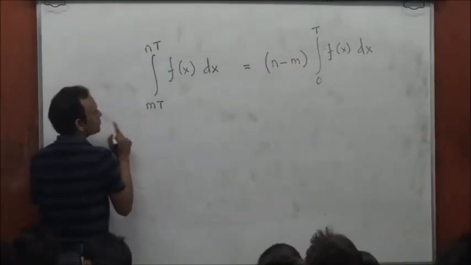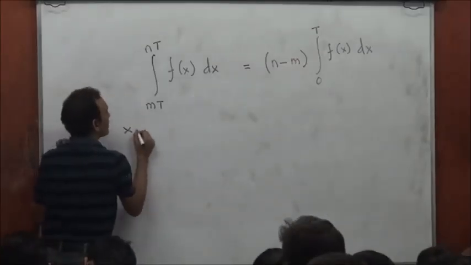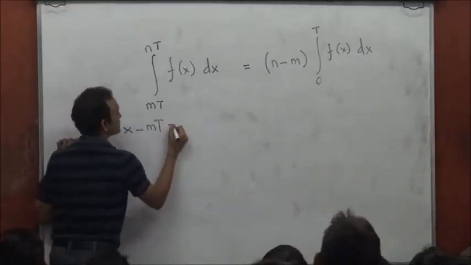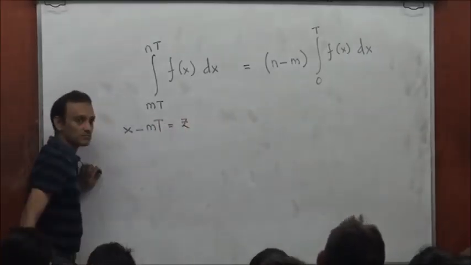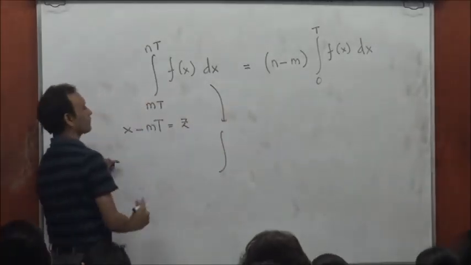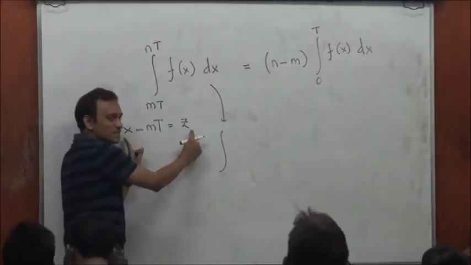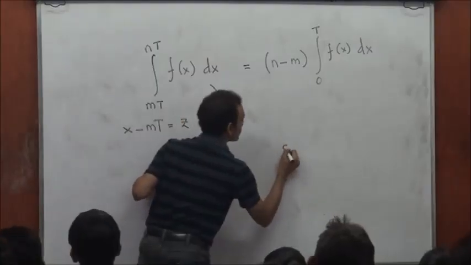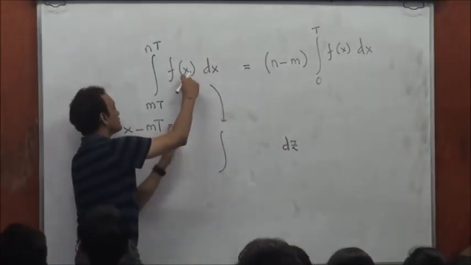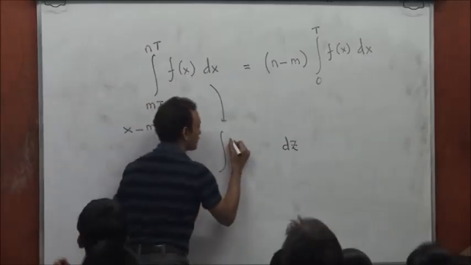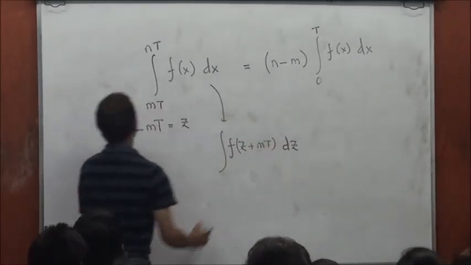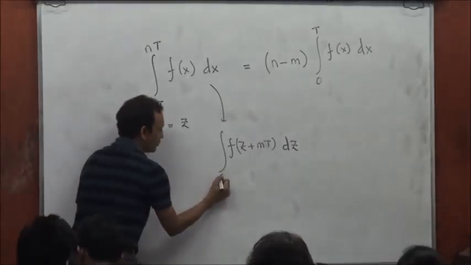Say if I took x minus mt as some z. Then this integral would become: dx is the same as dz, and x is like z plus mt. When x is mt, z is 0.